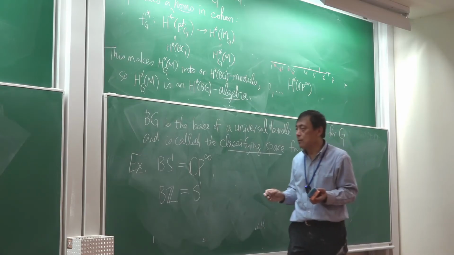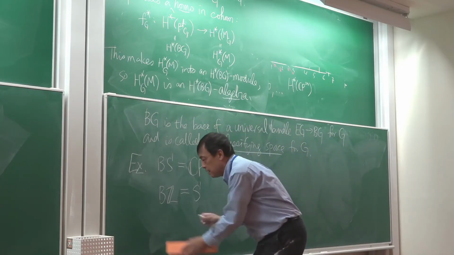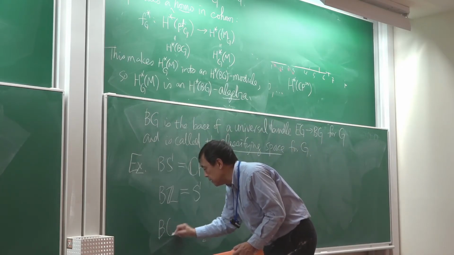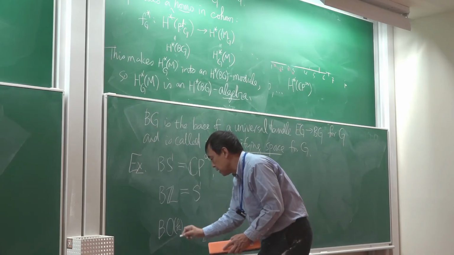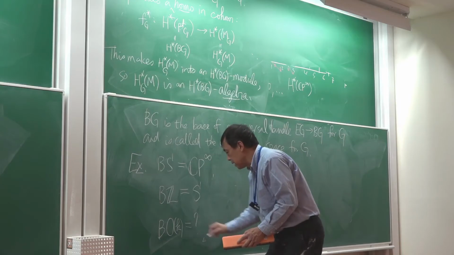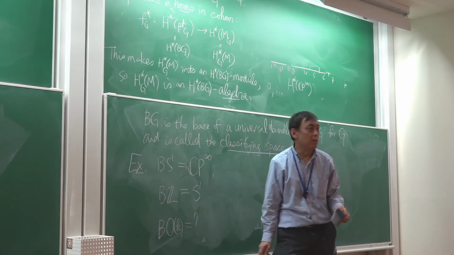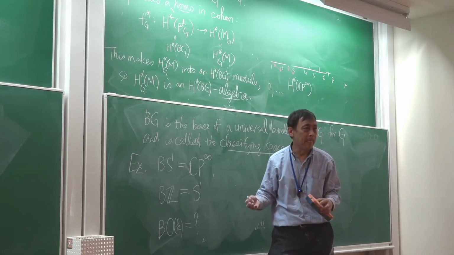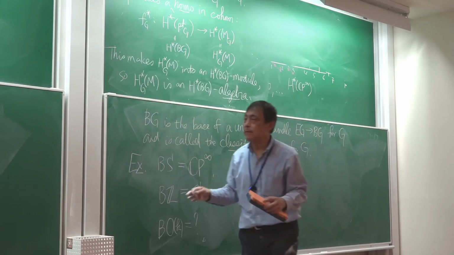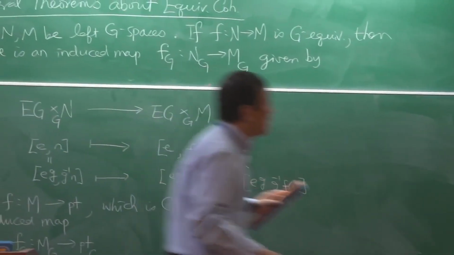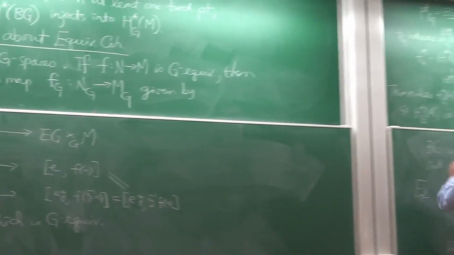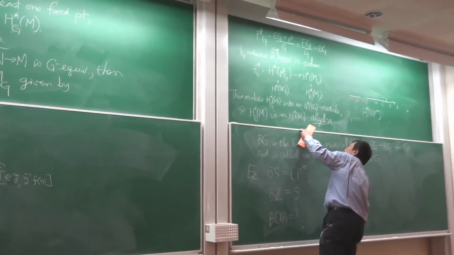So let's try to work out B of O_K, the orthogonal group. This will give us quite a few more examples.